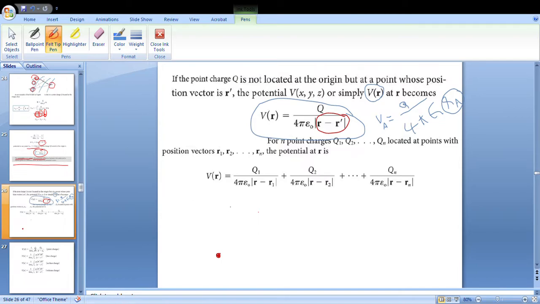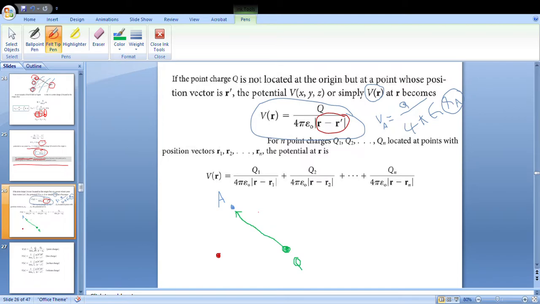We need a point where we have to calculate the potential, which I'll take as point A. Now we also need to know where we are placing the charge. This is the point where I am placing the charge Q. What we have to calculate is the potential at A due to this charge Q.